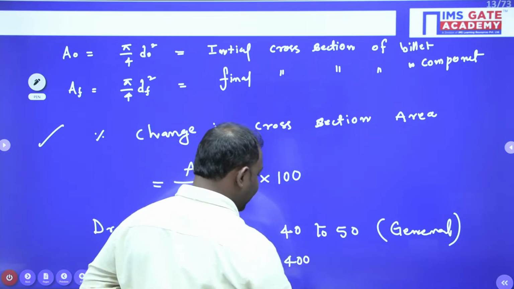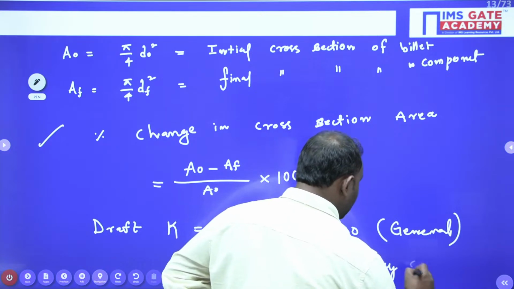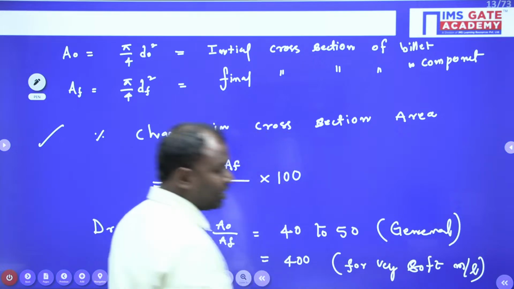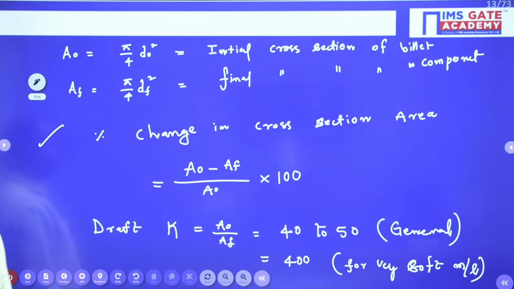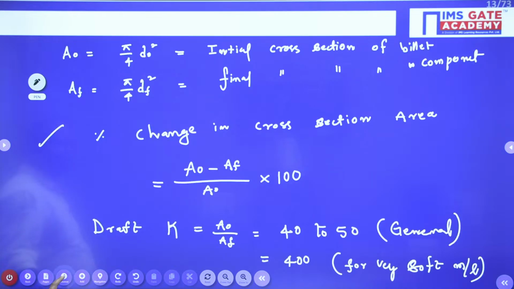Up to 400 for very soft material. Very soft material, isn't it, guys? Very soft material, it is up to 400. Okay, right. Now, let us go for calculating the extrusion velocity.